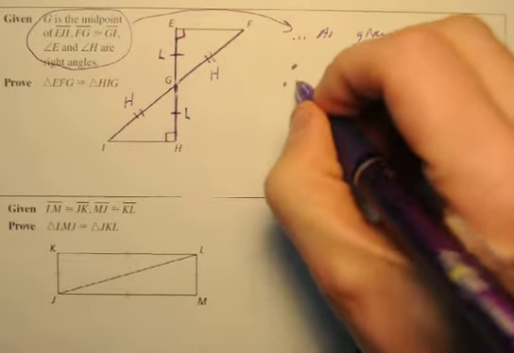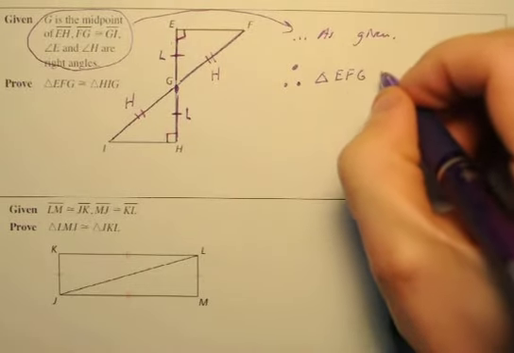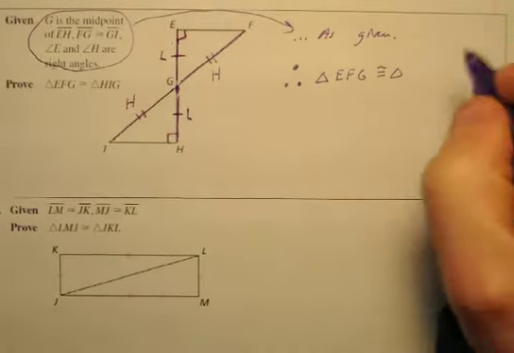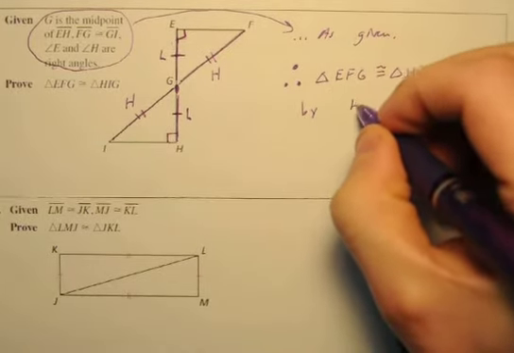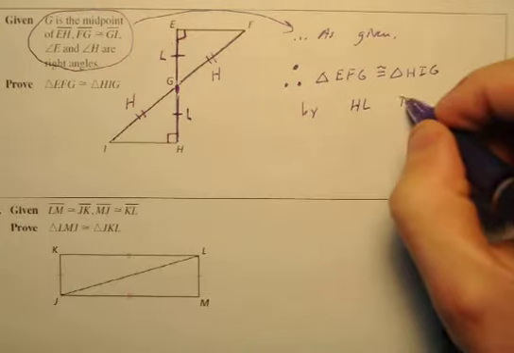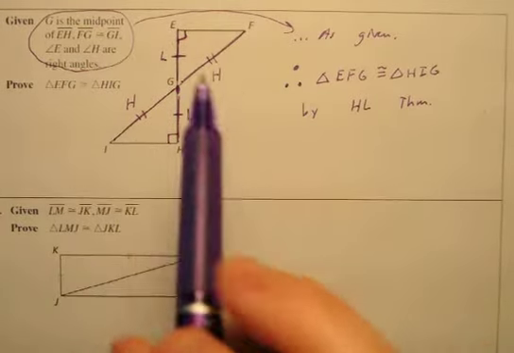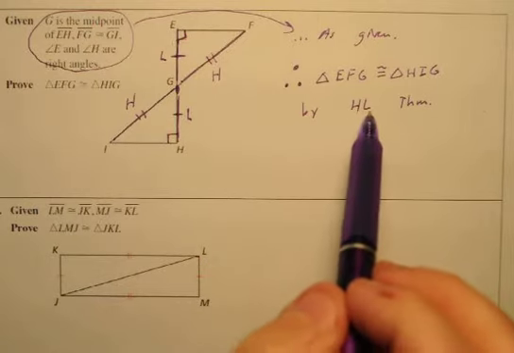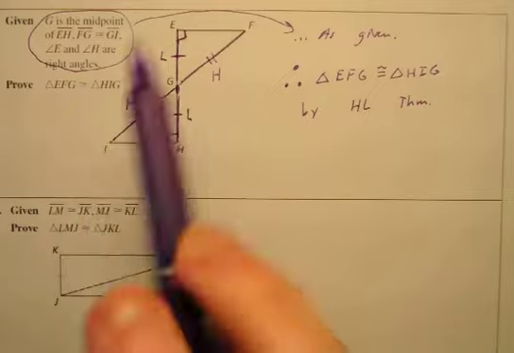We can just say, therefore, triangle EFG is congruent to triangle HIG by the hypotenuse leg theorem. That's really all there is to it. They gave us every piece of information we needed. To use the HL theorem to make triangles congruent, you just need a hypotenuse and a leg.